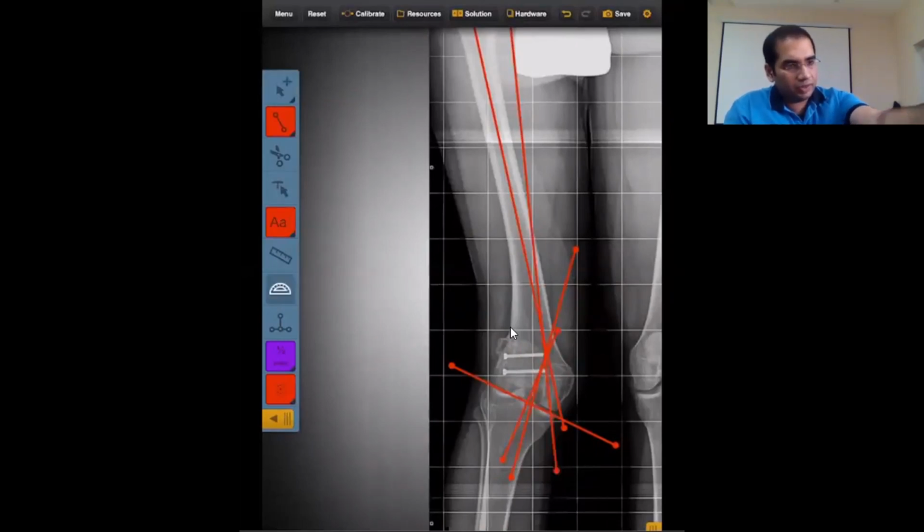And when I use anatomical axis planning.